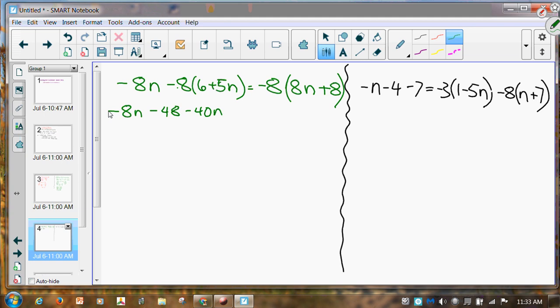Okay, now we've pulled that out of the parentheses by distributing it, and that's going to be equal to minus 8 times 8n, which is minus 64n. Minus 8 times 8 gives me minus 64. Now we are in a position where we can begin to collect terms again.